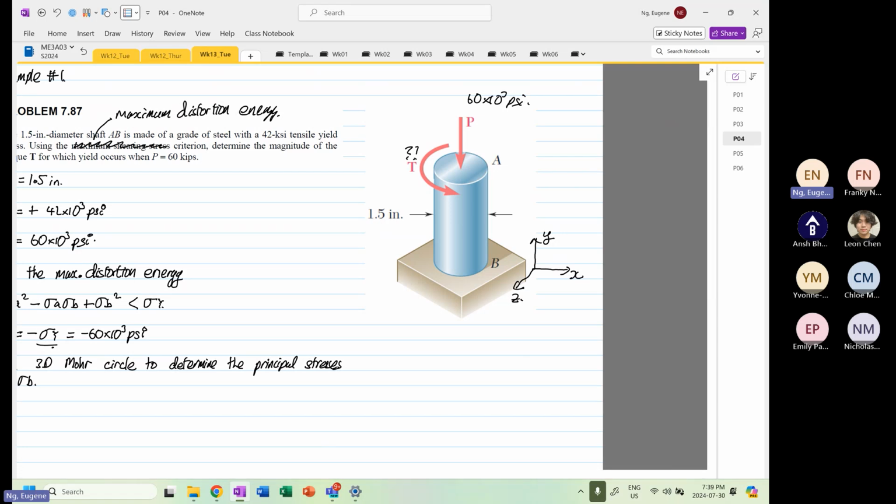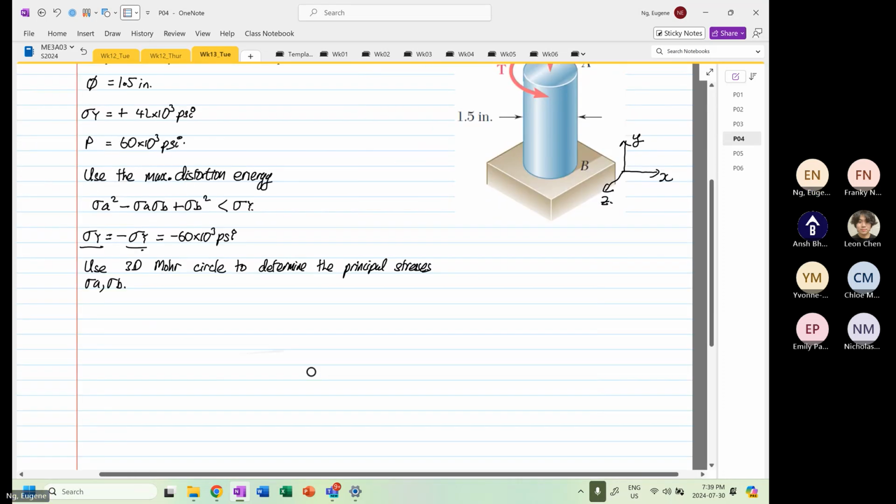I know you have not seen any element yet. So we first have to carry out, like what we have done before on the previous example, failure analysis.